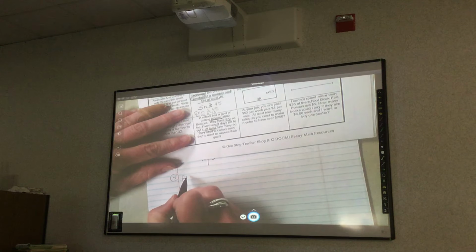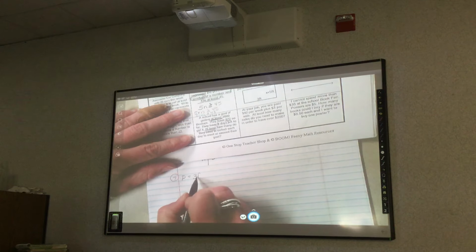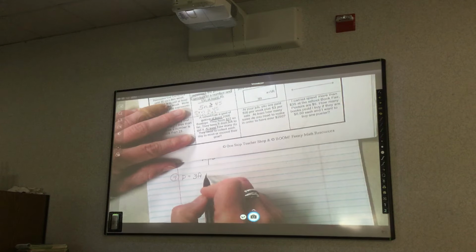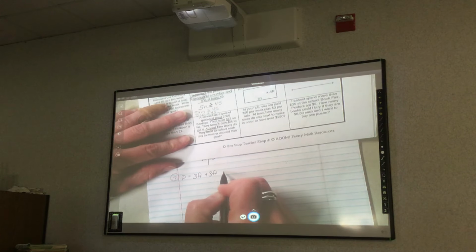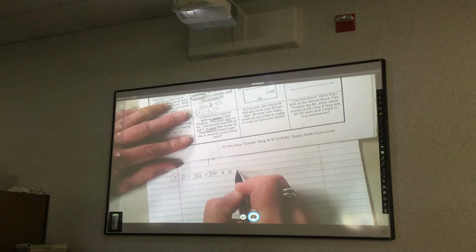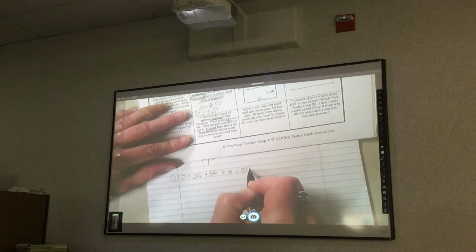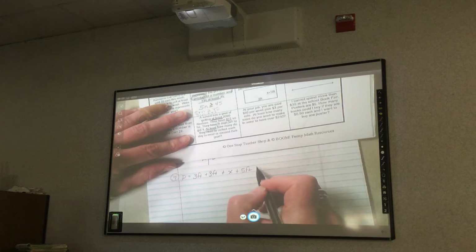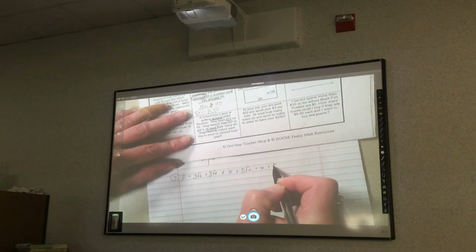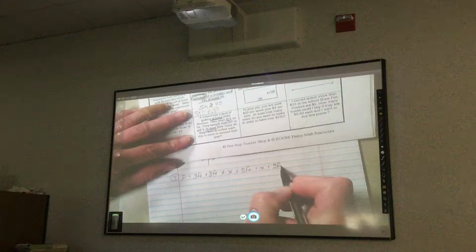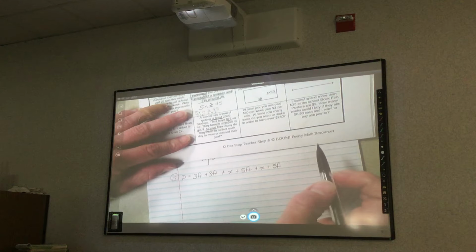Perimeter equals 3 feet plus 3 feet plus x plus 5 feet, and I gotta do that twice, plus x plus 5 feet. Are you guys with me on this?